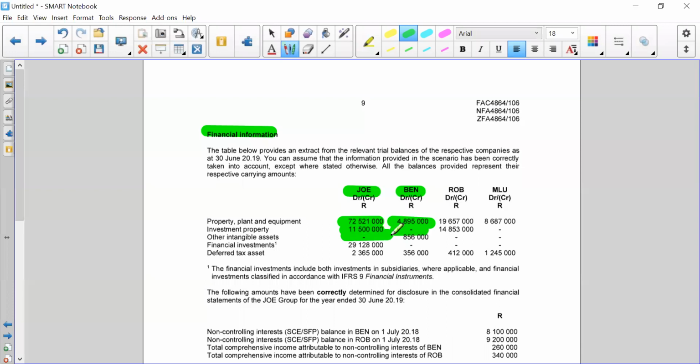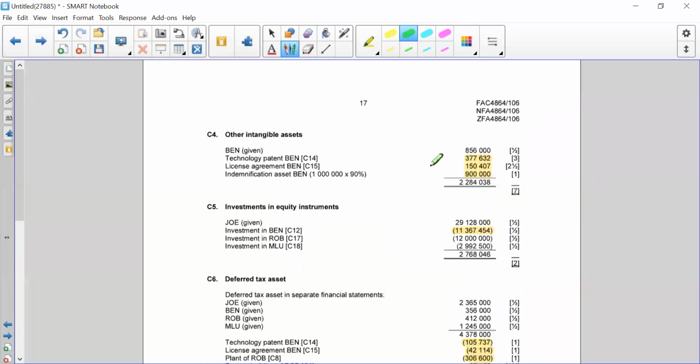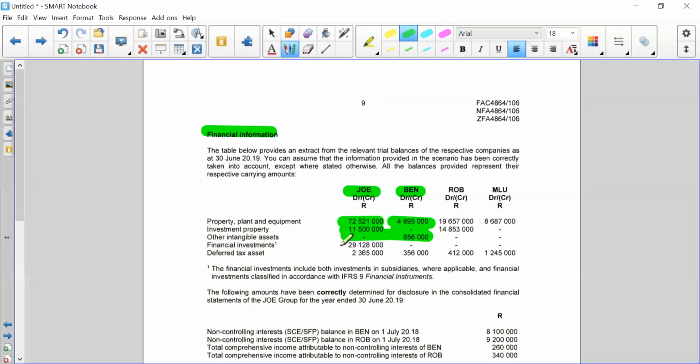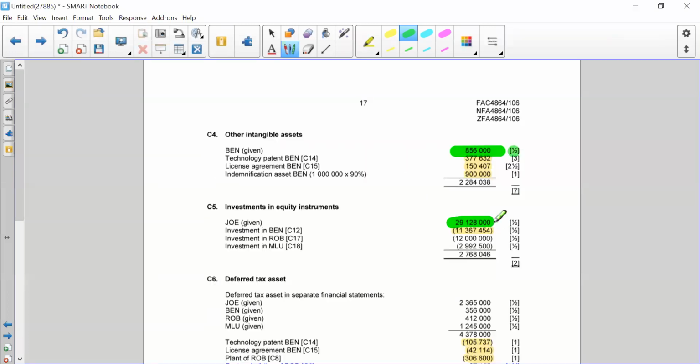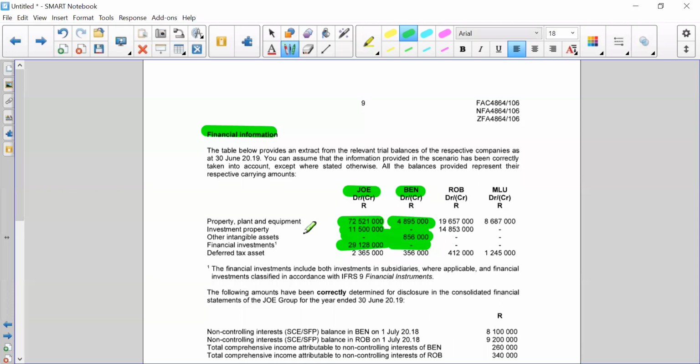Other intangible assets, 0 plus 856, so 856. You see for each of these there's a half mark, guys. Easy marks. Financial investments, 29,128 and 0, so 29,128.